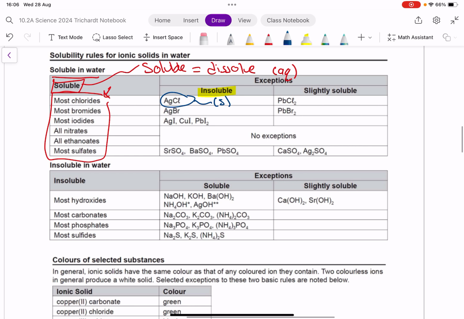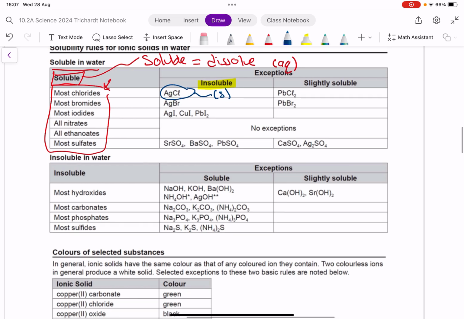You're going to look for the second part of the formula. So it might be sodium hydroxide or silver iodide. If we're looking at silver iodide, you're going to go to the iodide section. Most iodides are soluble, however, there are some exceptions. Silver iodide is one of them, so silver iodide will be solid.